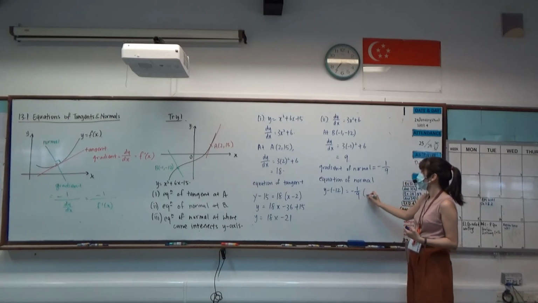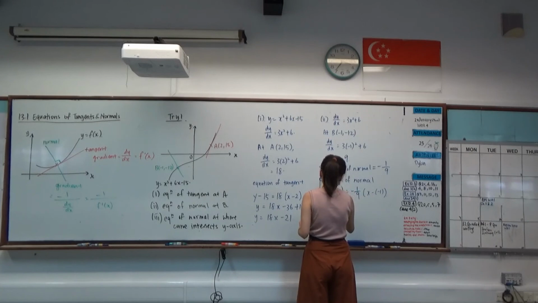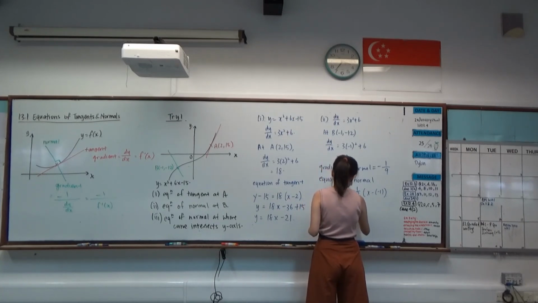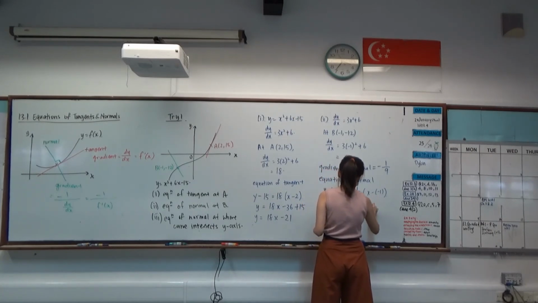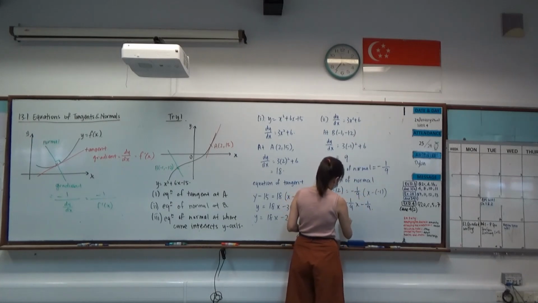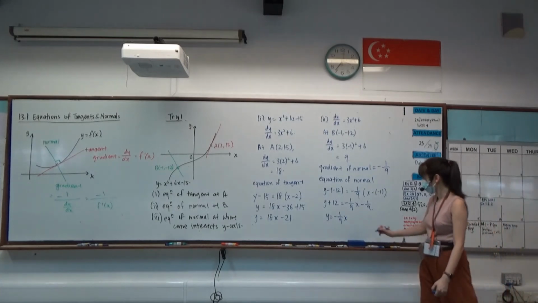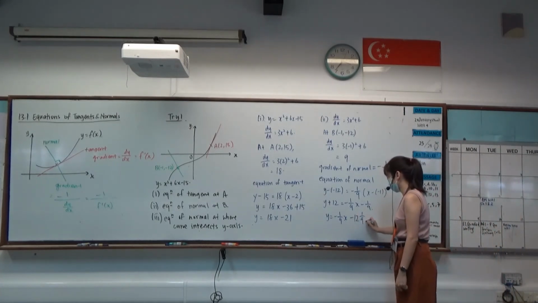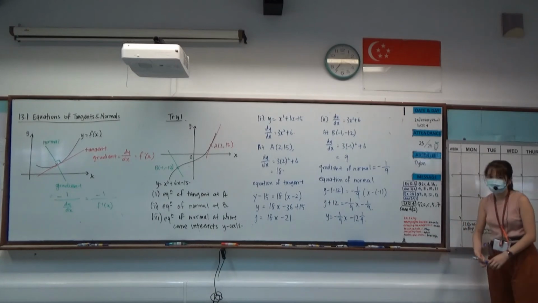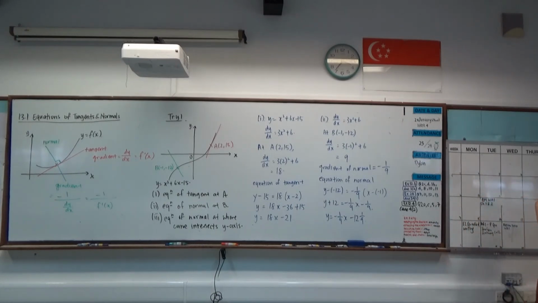Gradient of normal, x minus negative 1. Minus 12. So y equals negative 1 over 9 x minus 12 and 1 over 9.